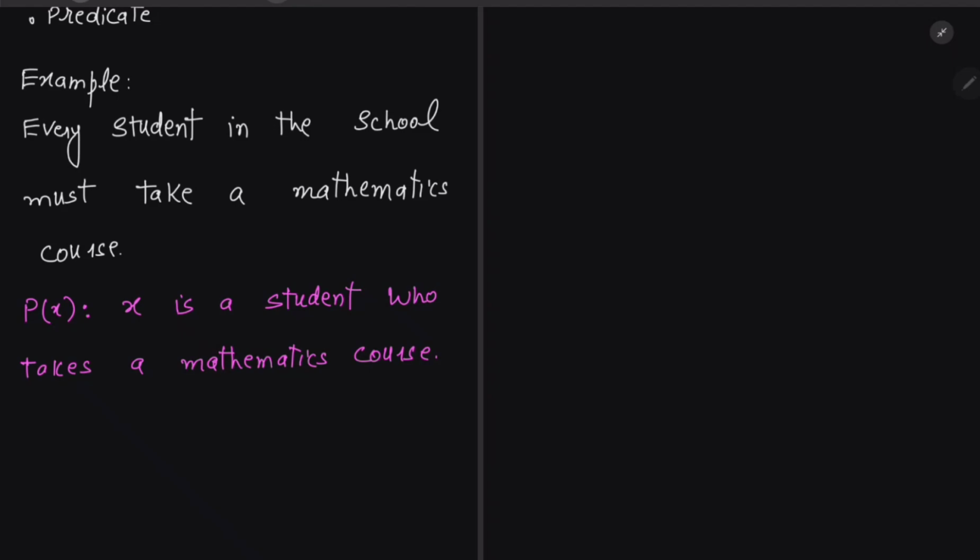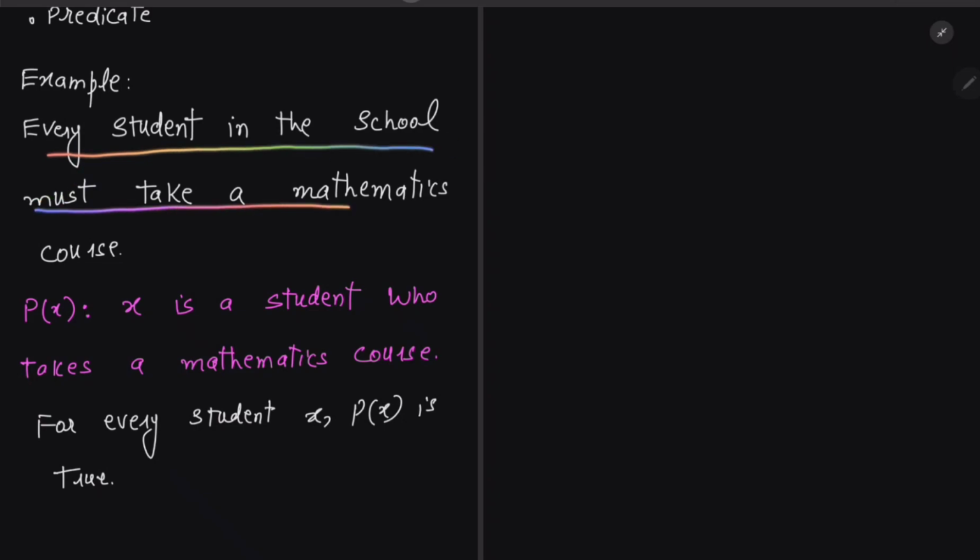Or this can also be written as for every student x, P of x is true, since it has been instructed in the school that everyone, whether they are from the business department or social sciences, whatever they are in the school, should take a mathematics course.